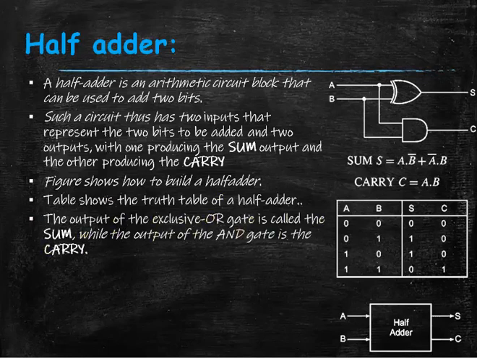When looking at the value of S, it is represented as an XOR gate. For an XOR gate, for a high output, the inputs must be different. And in the case of an AND gate, for getting a high output, the two inputs must be equal to 1.